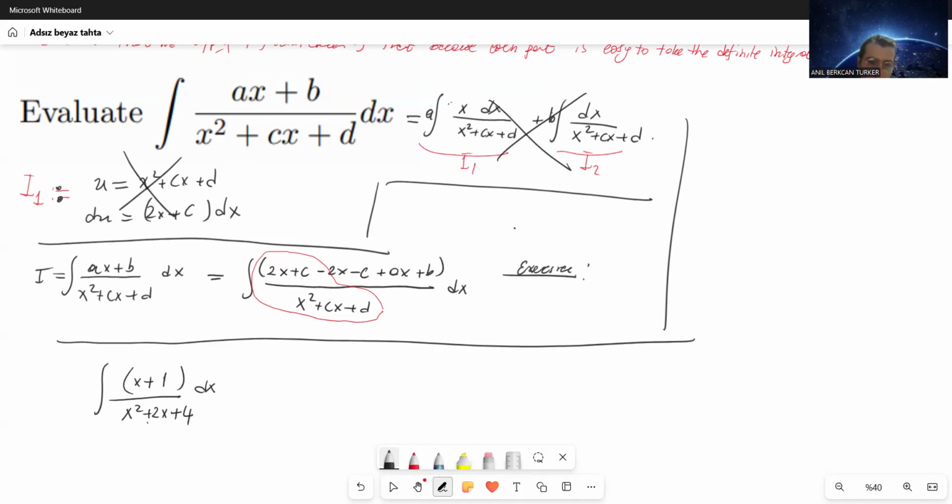So let me call u as x squared plus 2x plus 4. You will see the algorithm. du, which is 2x plus 2 dx.